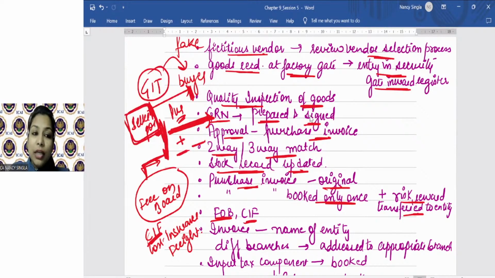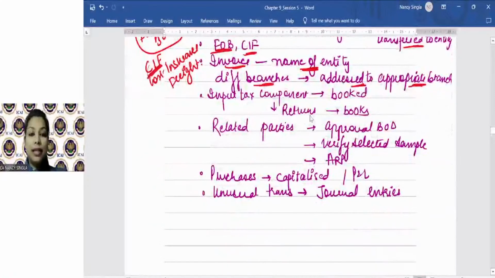Seller. तो it will be goods in transit of whom? The seller. ठीक है? So accordingly the invoice shall be booked. The invoice shall be in the name of the entity, and in case of different branches, it shall be addressed to the appropriate branches. The input tax credit, with respect to the purchases should be booked and it should be tallied with the returns.